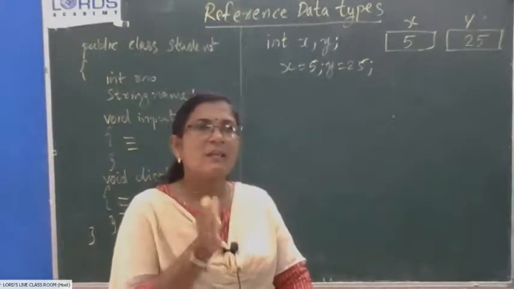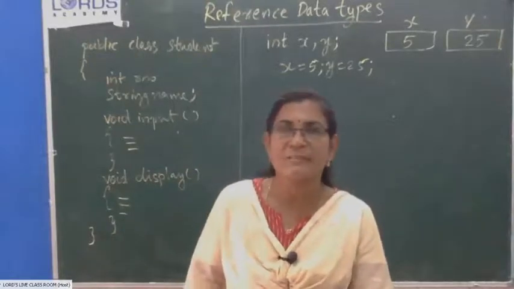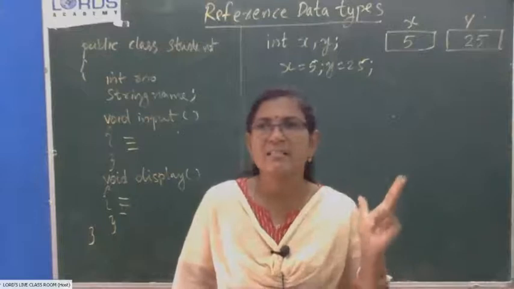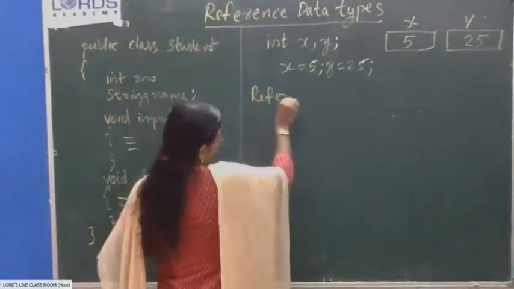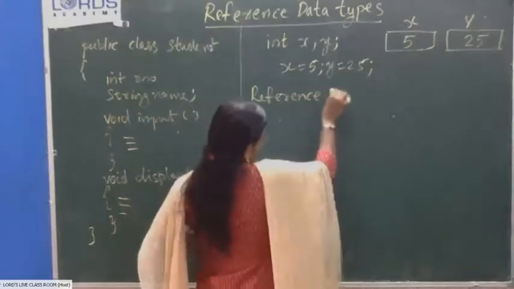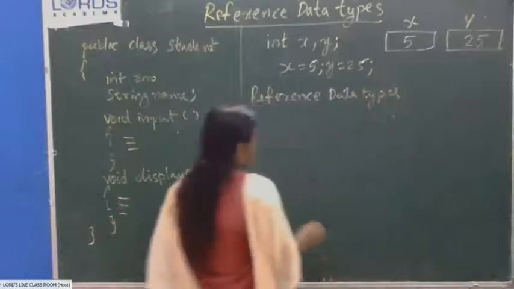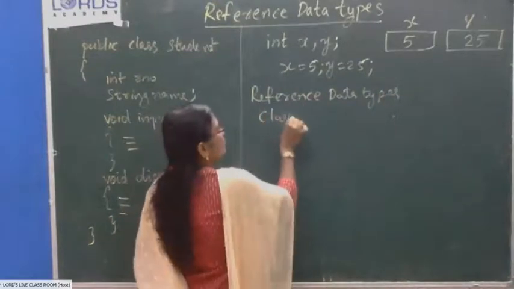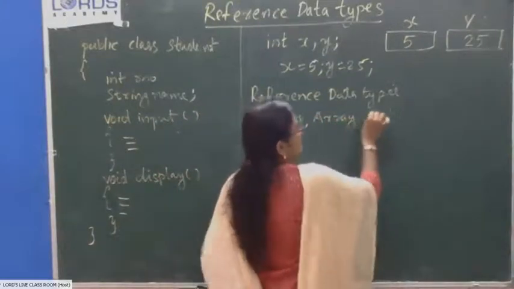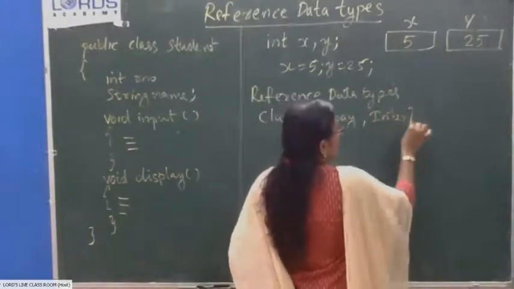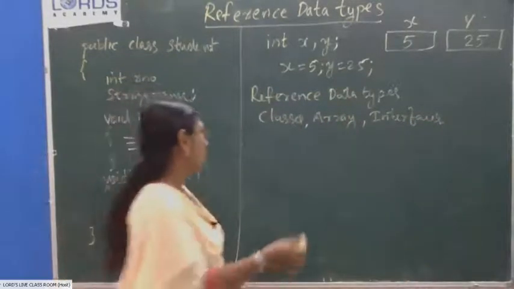But this is not the case with reference data types. There are 3 different reference data types in Java: classes, arrays and interfaces. You are going to study arrays in the coming chapters.